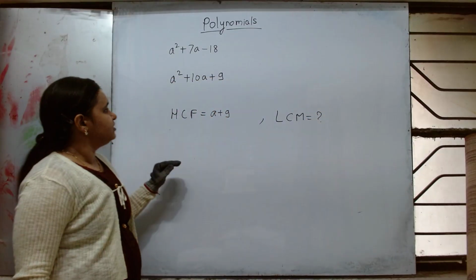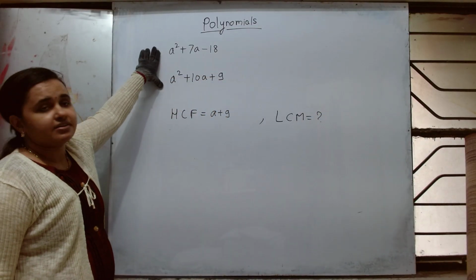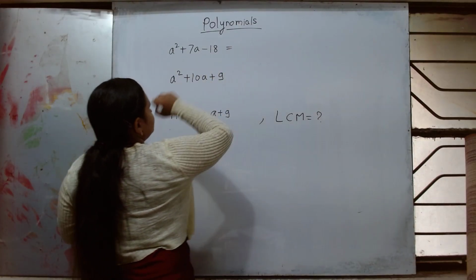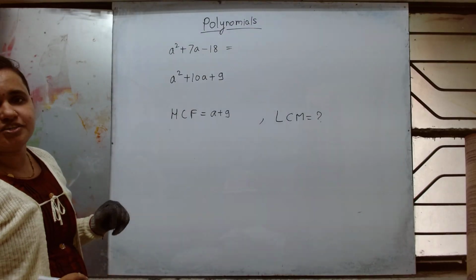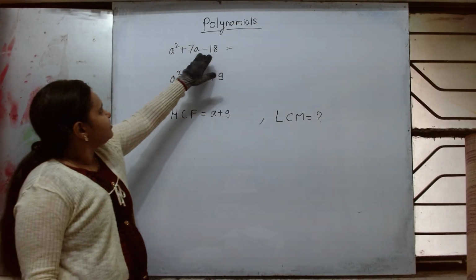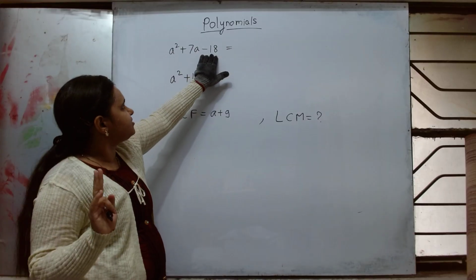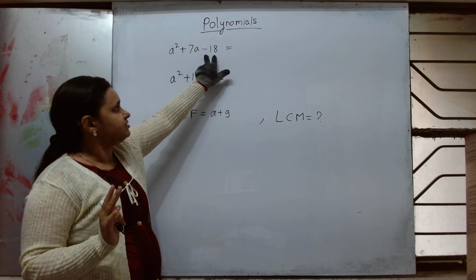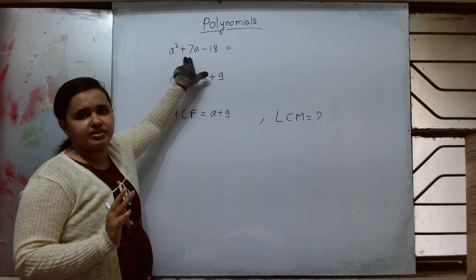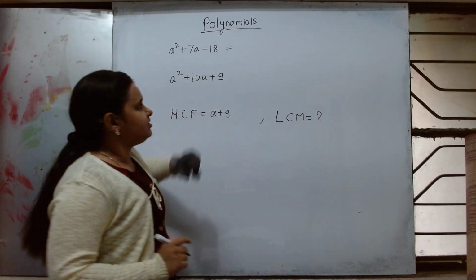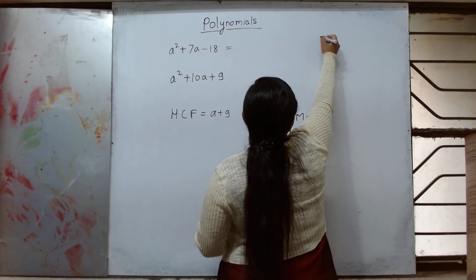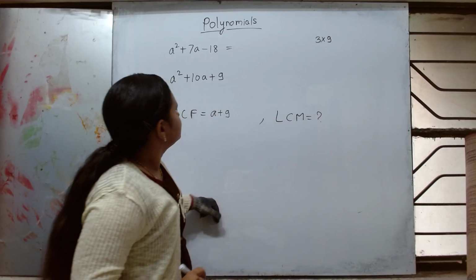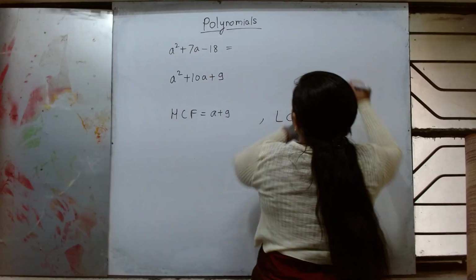Now we will calculate the factors of these two polynomials. Do you know how to calculate the factors of polynomials? We need two numbers whose multiplication should be the third term, that is minus 18, and whose sum should be 7. So first write the factors of 18. 2 into 9.